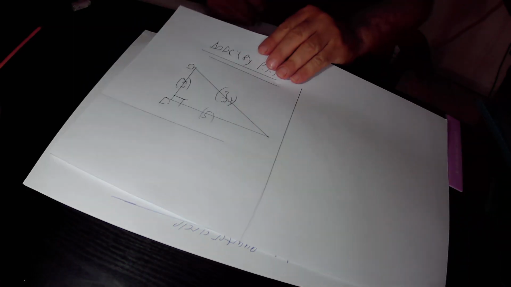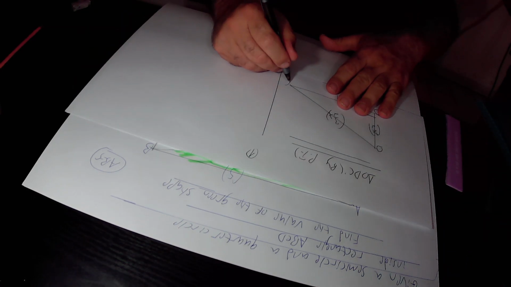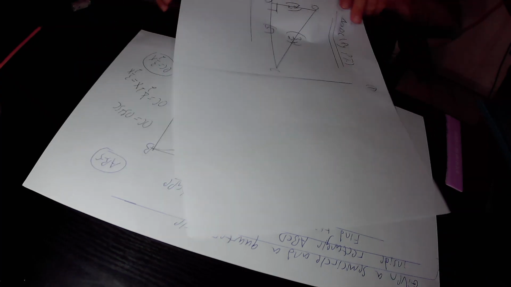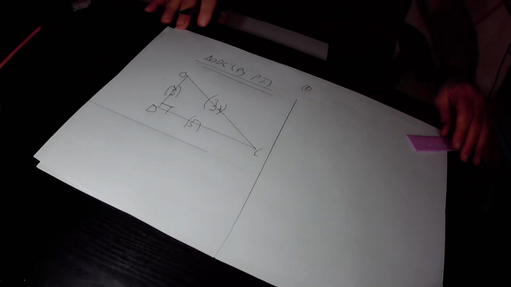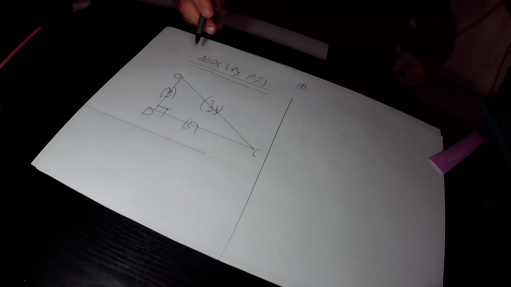So actually, this is the right triangle ODC that I copied from the original drawing. Here by PT is the evaluation for Pythagoras theorem. According to the Pythagoras theorem, in this right triangle ODC, OC square equals to OD square plus DC square.